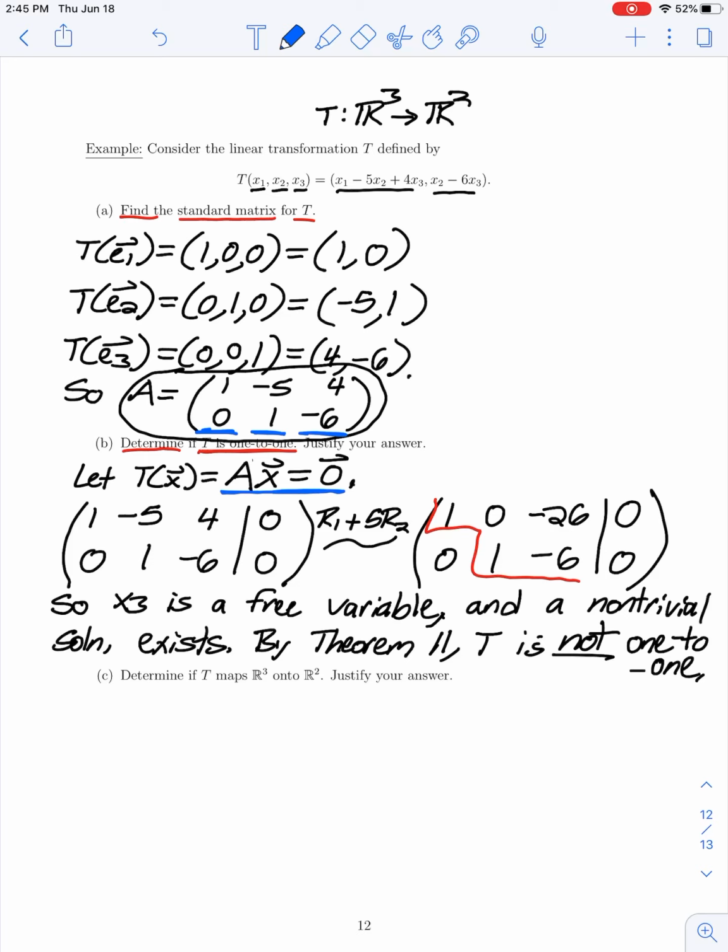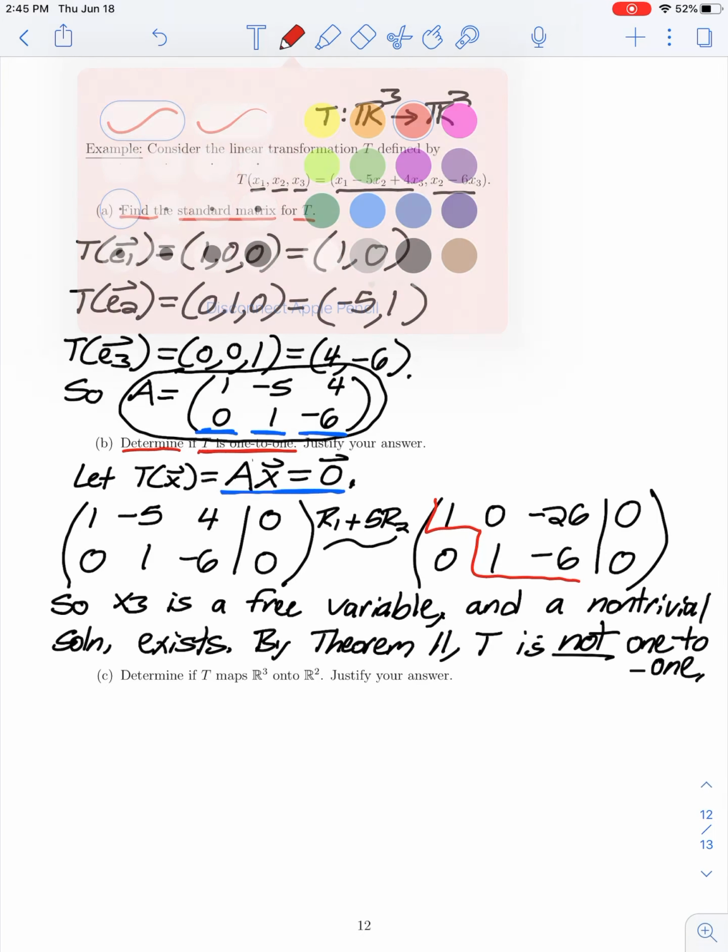Theorem 12 says that T is one-to-one if and only if the columns are linearly independent. But we see here that we have a set of 3 vectors of length 2. So from our section 1.7 results, we know if we have a collection of more vectors than the length of those vectors, then they cannot be linearly independent. And therefore, theorem 12 says that this transformation could not be one-to-one. So that's another approach we could use there.